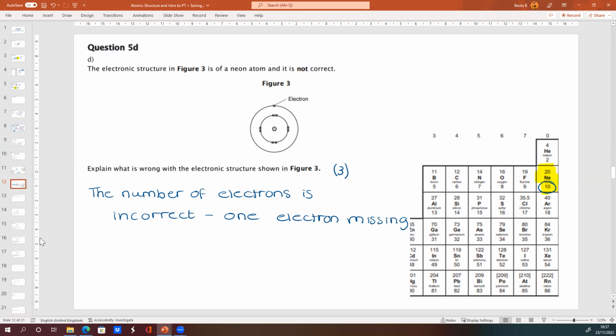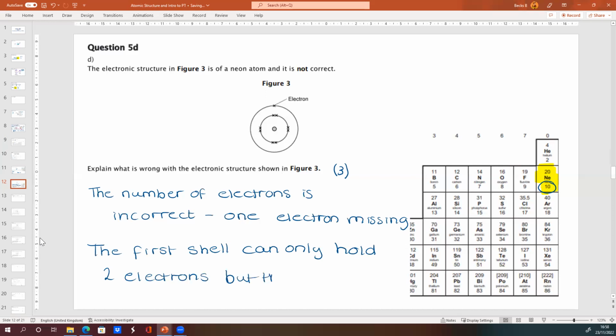And the second point is that the first shell can only hold 2, but there are 8 in the diagram.